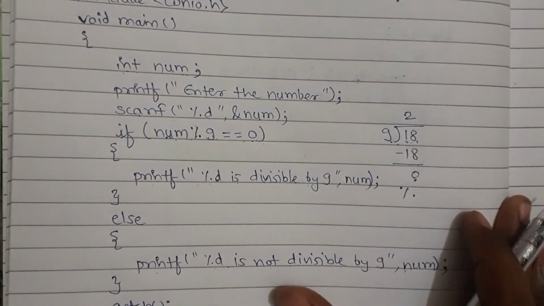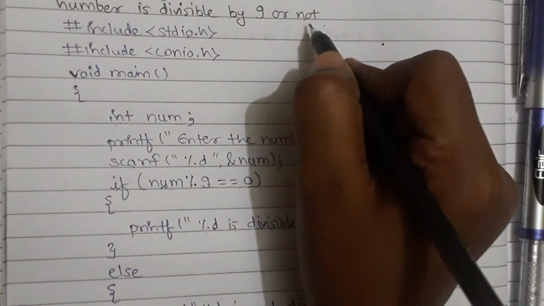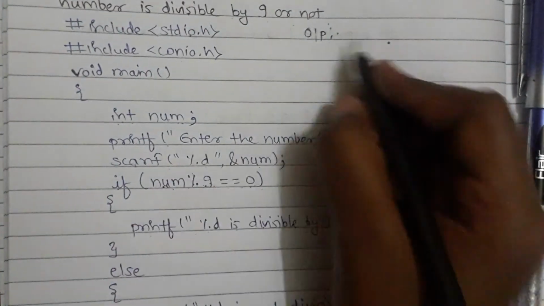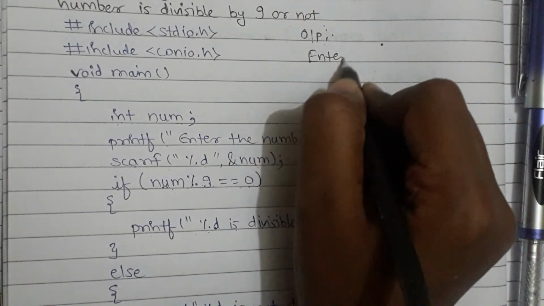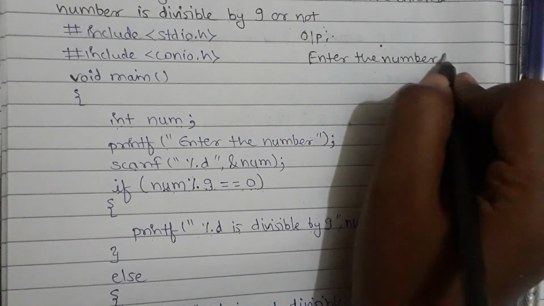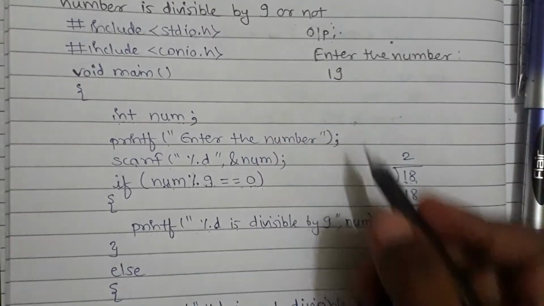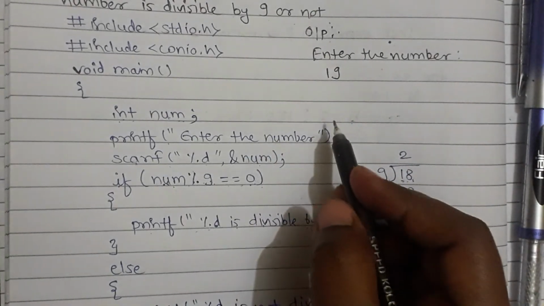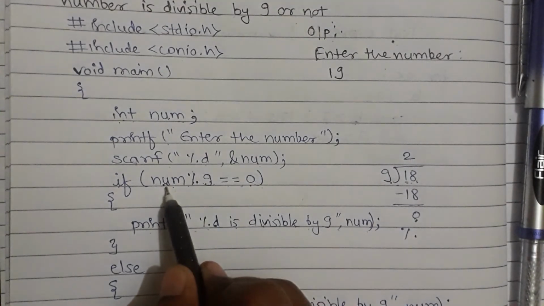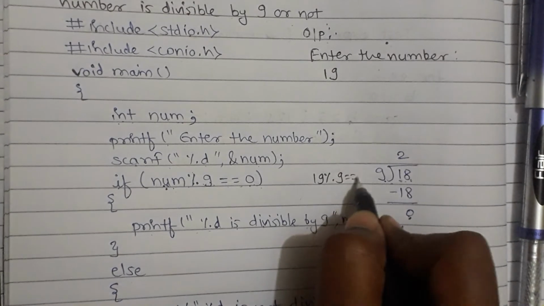So here we will take an example of how our output will work. For output, first it will print a message for the user: enter the number. After that, we have to take a certain number from the user. For example, 19 is the number given by the user. So here it will check the condition that 19 mod 9 is equal to 0.